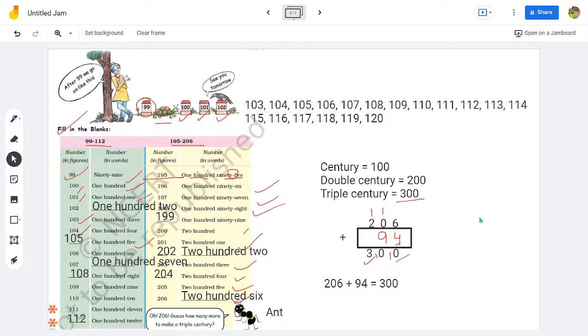Okay, we have another way to get to our answer, which is a bit easier than this one. We can straight away do 300. This is basically the inverse of addition. Addition we had to do over here, so the opposite of addition is subtraction. So I am doing 300 minus 206.